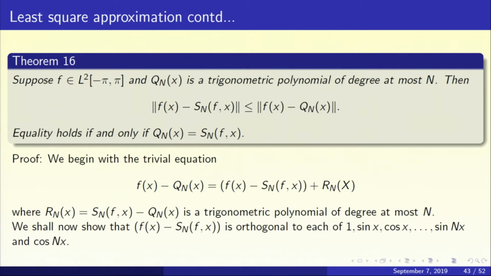Okay, so let us begin with a simple and trivial equation. f(x) minus Qn(x): I add and subtract Sn f(x). So I am looking at f(x) minus Qn(x) equals f(x) minus Sn(x) plus Sn(x) minus Qn(x). The second part, Sn(x) minus Qn(x), has been abbreviated to Rn(x). So Rn(x) is a trigonometric polynomial of degree at most n.